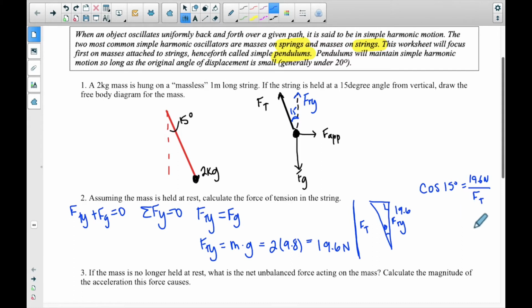Now I just have to do this mathematically. We can switch these two, and we can say Ft is equal to 19.6 newtons divided by the cosine of 15. So take a second on your calculator, make sure you're in degree mode, and do that calculation and see what you come up with. Okay, and you should have come up with the force of tension is 20.29 newtons.